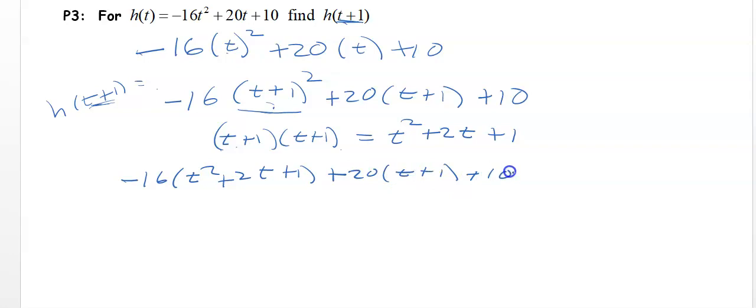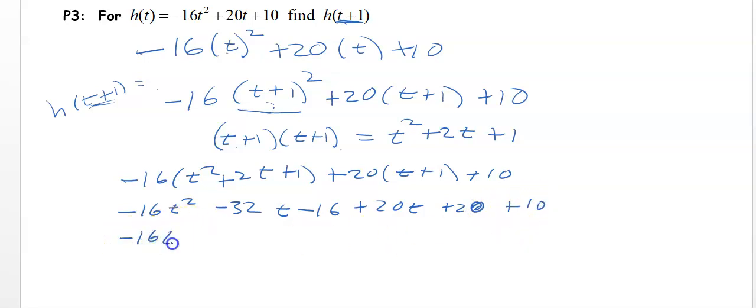So I took care of the exponents. Now I'm going to distribute where I need to distribute and group like terms. So I get negative 16t squared minus 32t, because negative 16 times 2 is negative 32, minus 16 plus 20t plus 20, plus 10.